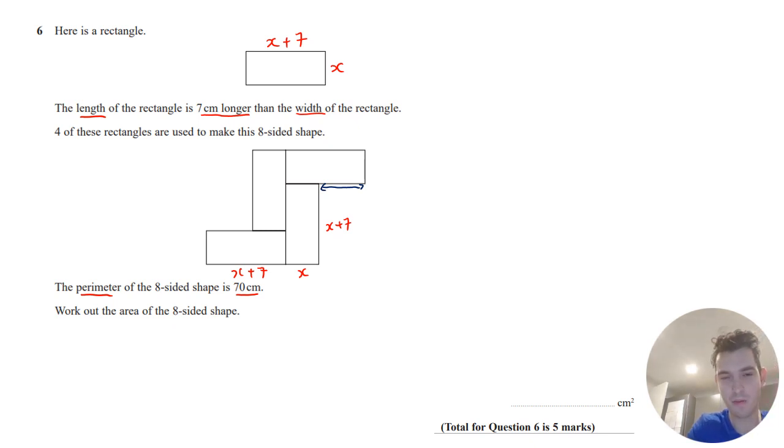So if I think about what that length is, that is the longer length, which is x plus 7, subtract this shorter length, which is x. So x plus 7 minus x, well, the x's cancel out, and I'm just left with 7.